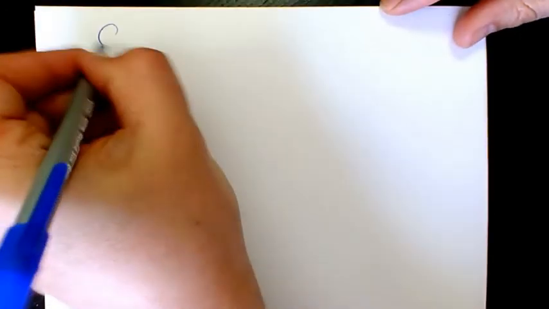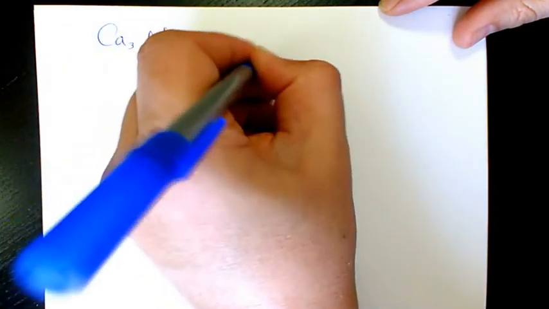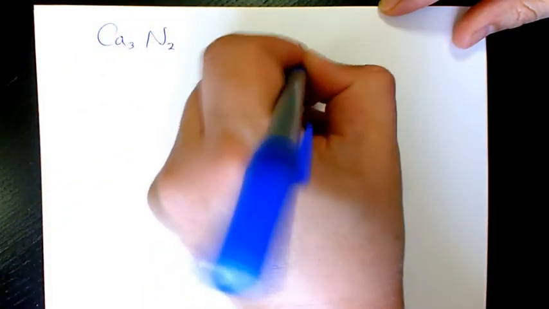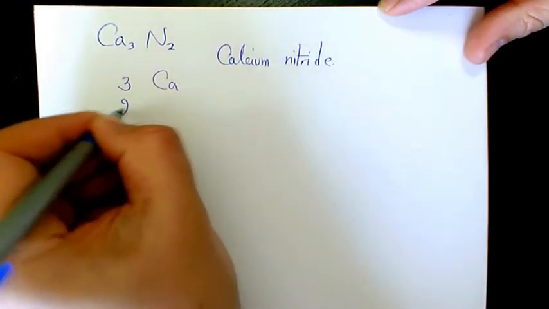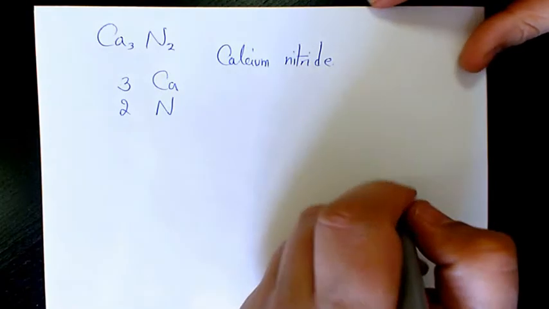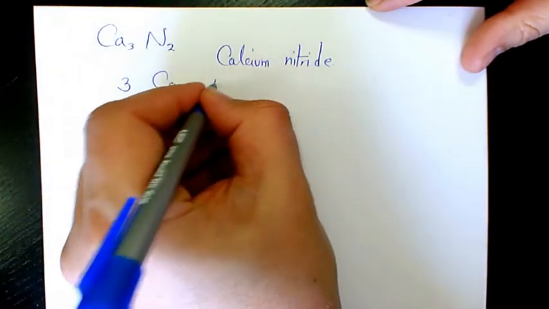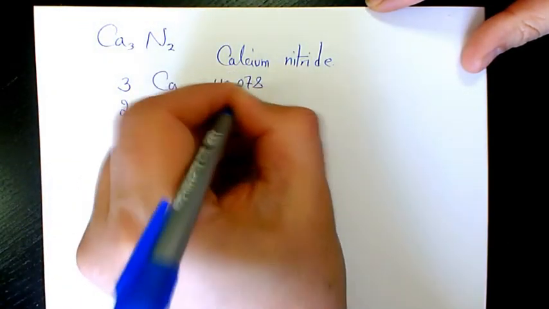Now let's have calcium nitride, Ca3N2. Calcium nitride. We have 3 atoms of calcium and 2 atoms of nitrogen. Calcium is 40.078.